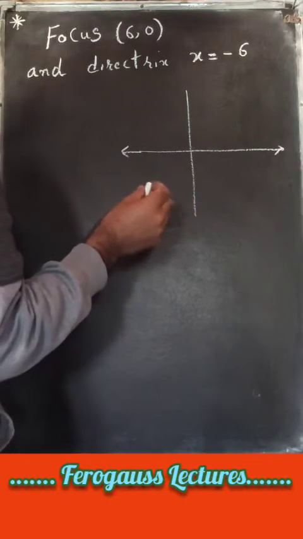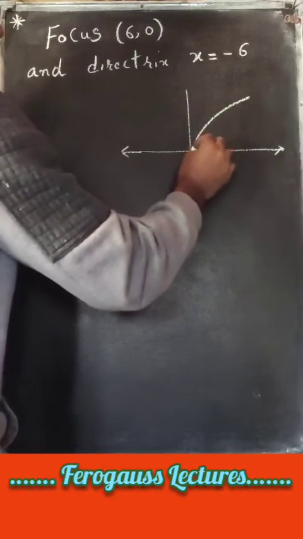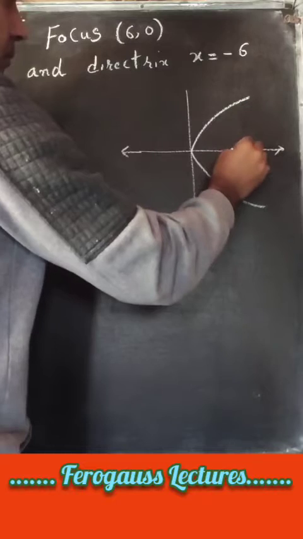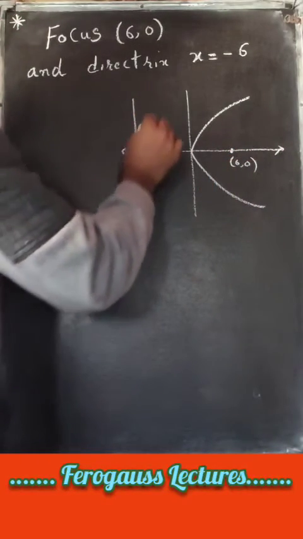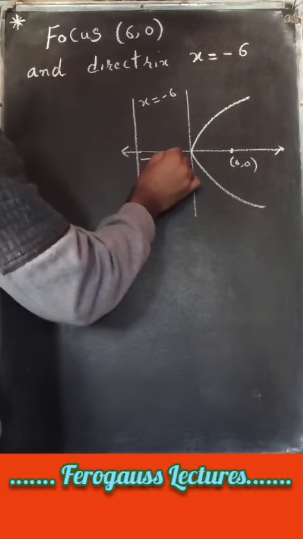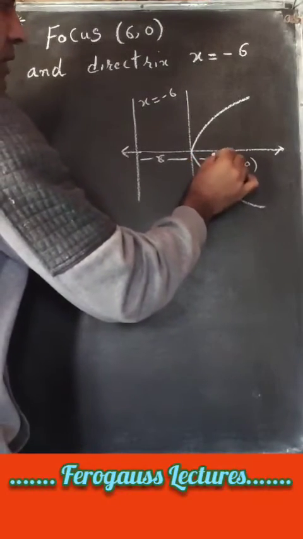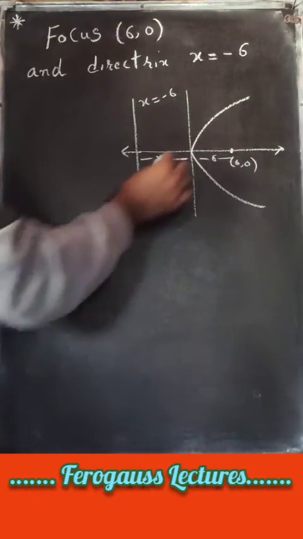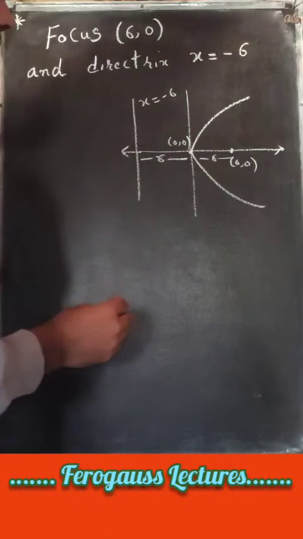That means the vertex of the parabola is at the origin. So the focus is (6, 0), and the equation of the directrix is x equals -6. That means this distance is equal to 6, and this is also equal to 6. Thus, the vertex is at the origin, that is at (0, 0).